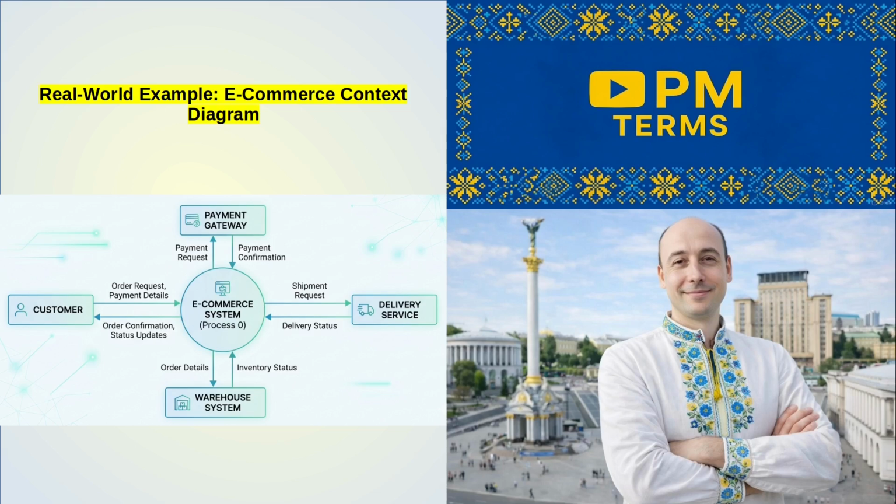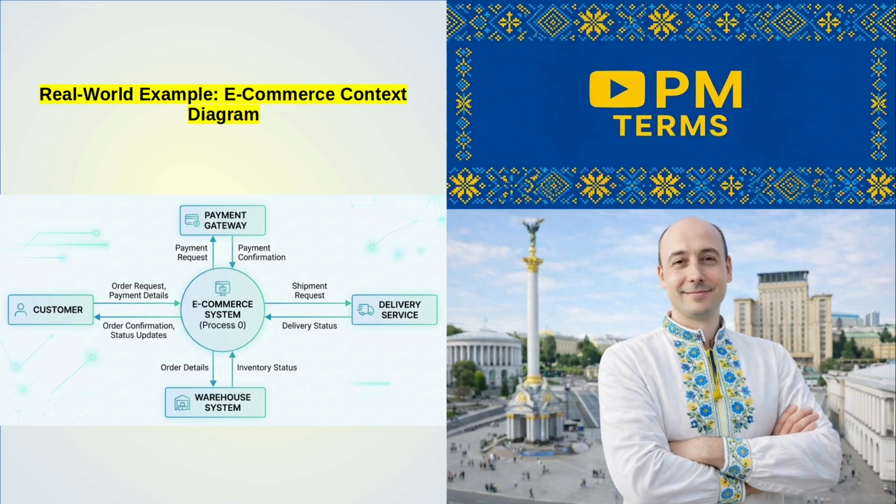Data flows: customer to system, order request, payment details. System to customer, order confirmation, status updates. System to payment gateway, payment request. Payment gateway to system, payment confirmation.